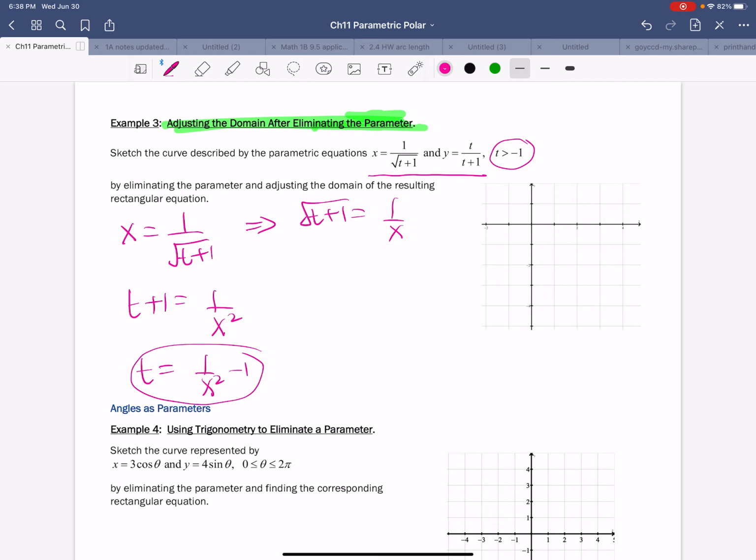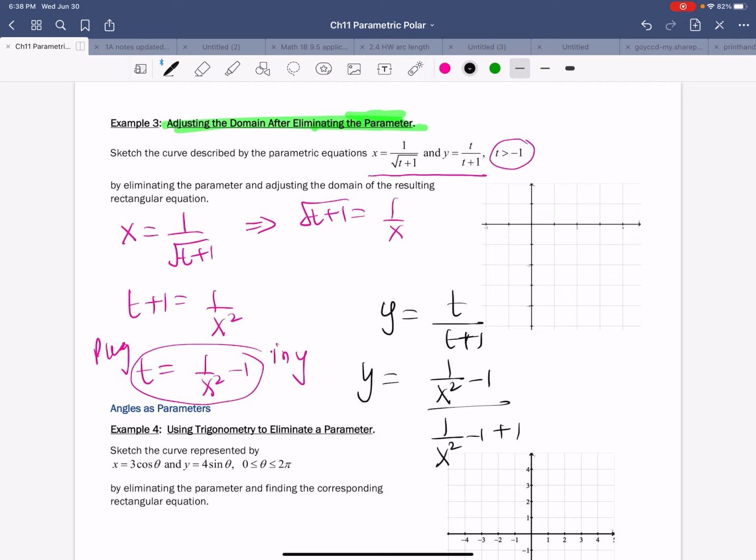So here we isolate the variable t from either x or y, whatever is easier. Now I'm going to plug this into the other equation. Plug into y: y is equal to t over t plus 1. y is equal to (1 over x squared minus 1) over (1 over x squared minus 1 plus 1).